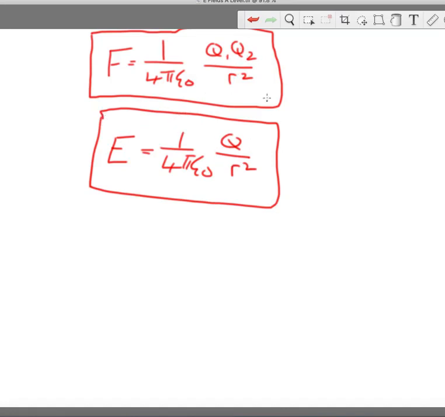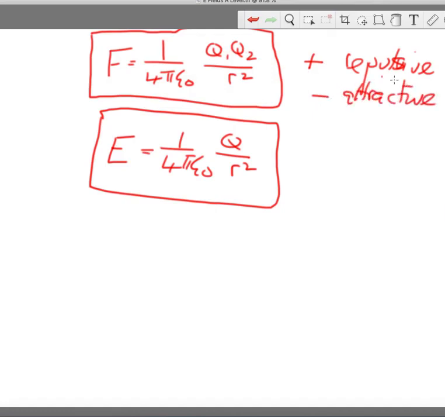So you can see if this is positive and this is positive, this will be positive, repulsive. If this is negative and this is negative, well, minus times minus gives you plus. So a positive force is a repulsive force. If they're positive and negative, they'll be attractive.